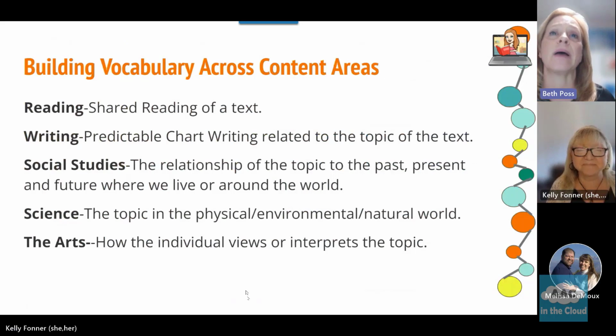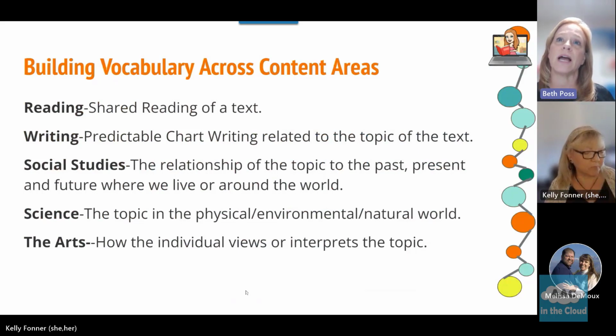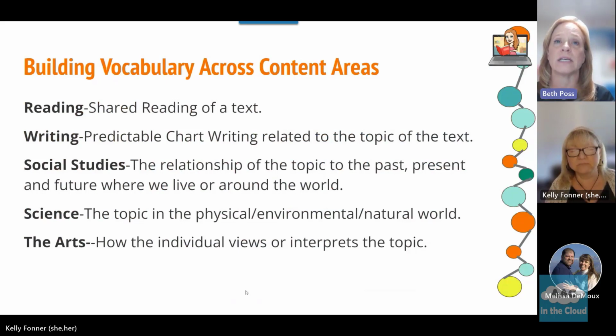So we've been talking about connecting AAC and language use to literacy. But we also want to talk a little bit around the idea of connecting those literacy experiences across content areas.